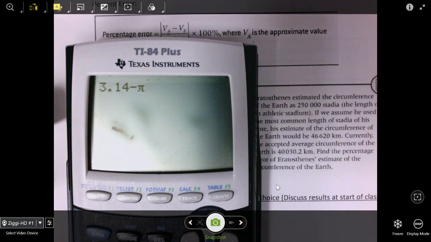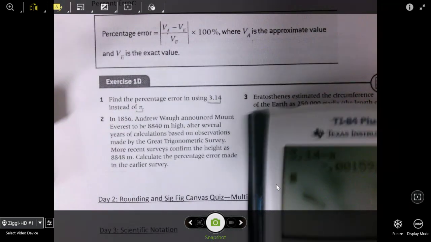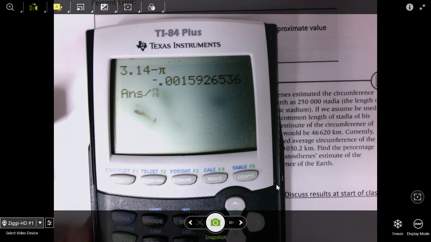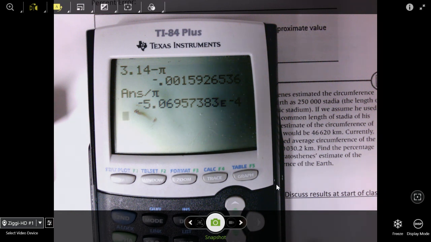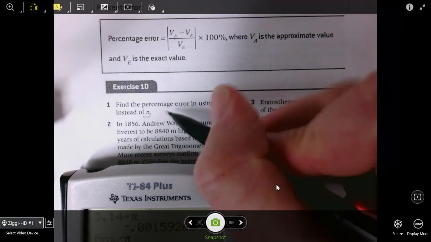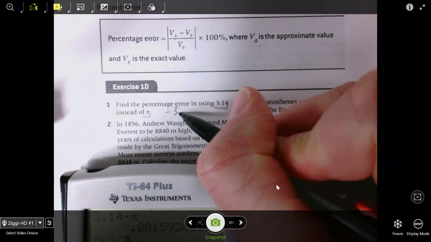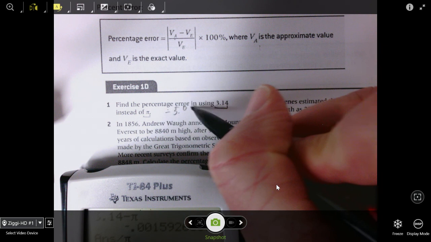Okay? And then I'm going to divide that by the exact. So I'm going to divide it by pi. And so I get this really small number, negative 5.07. And notice there's this E over here.